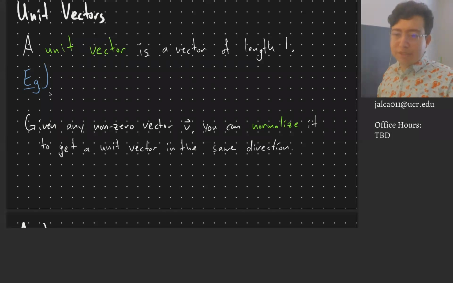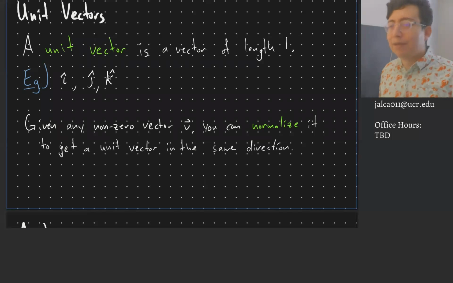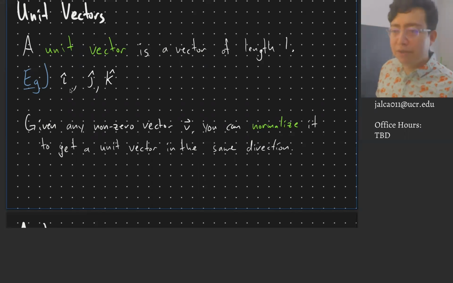Those all have length 1, because you add the squares together, get 1, take the square root, and you get 1. So these are all unit vectors, but maybe we can come up with some more exciting examples.